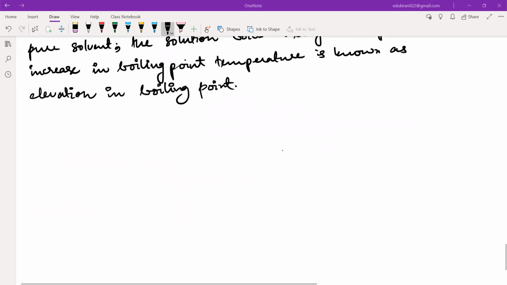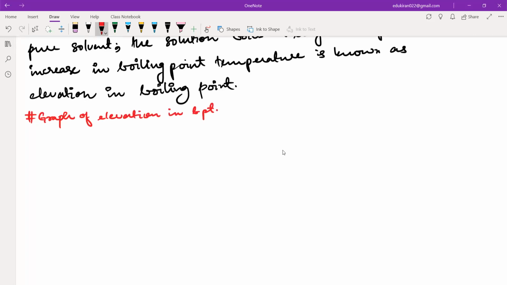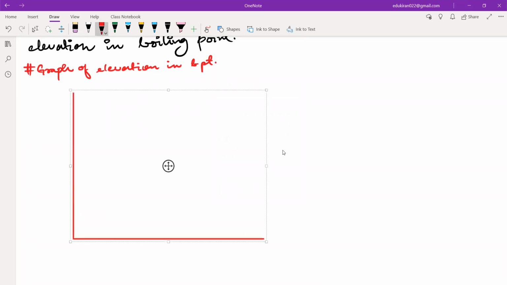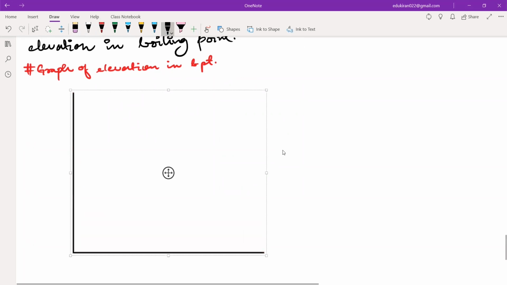Now let us look at the graph of elevation in boiling point. In this graph also we will compare the vapor pressure and temperature.